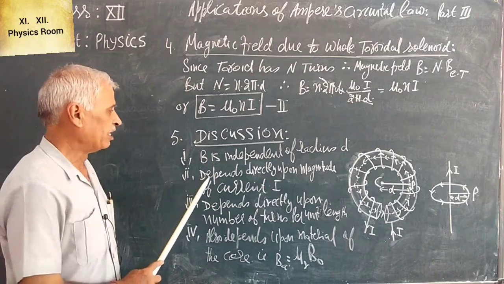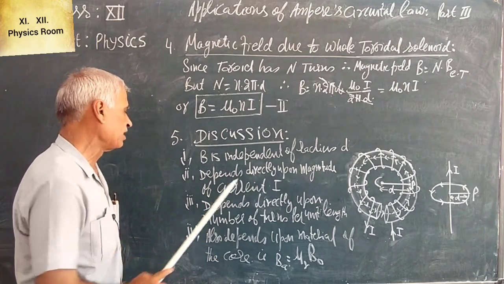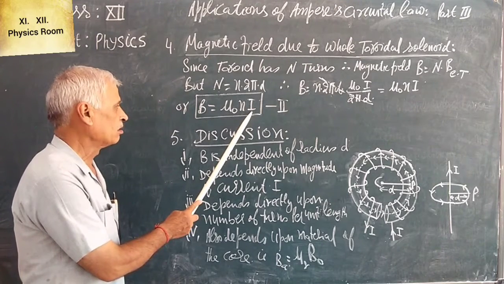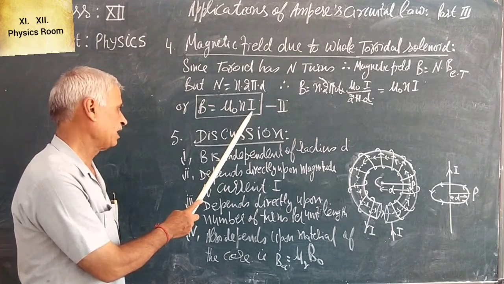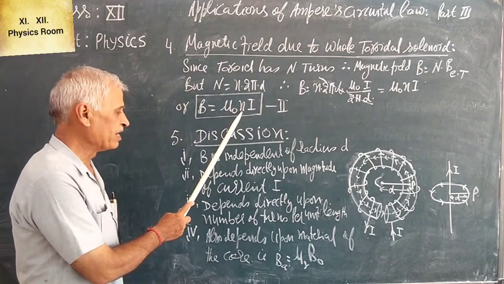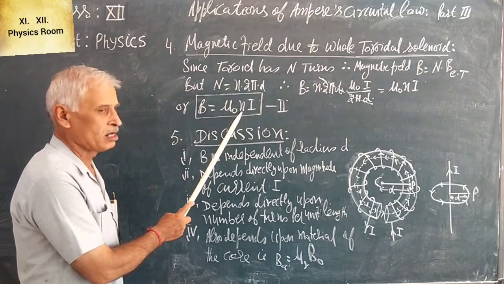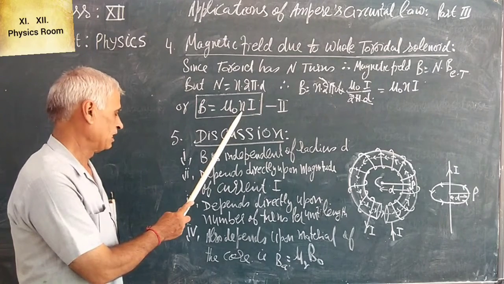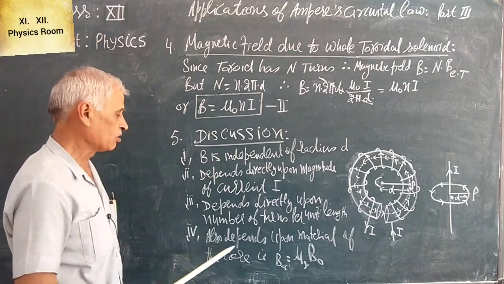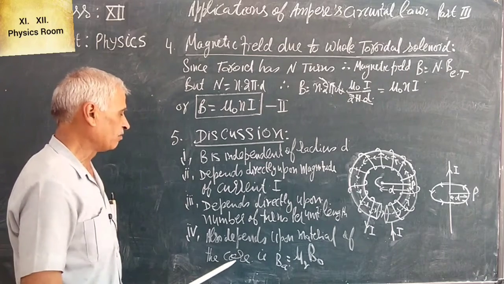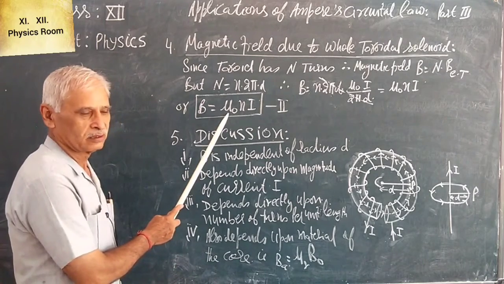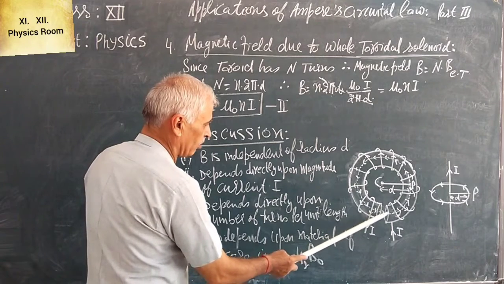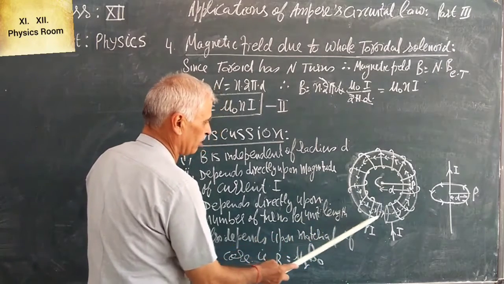Second, it depends directly upon the magnitude of current I. And third, it directly depends upon the number of turns per unit length. And fourth, of course, it also depends upon the material of the core. This is the core part of this toroidal solenoid.